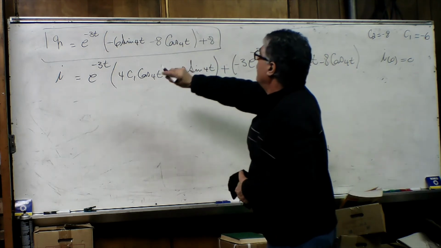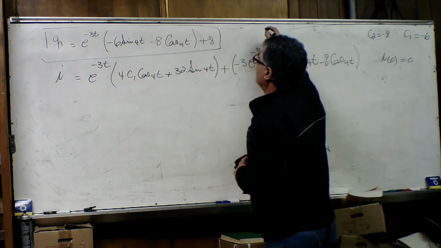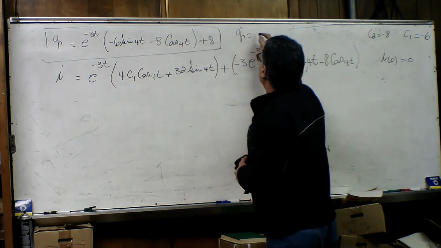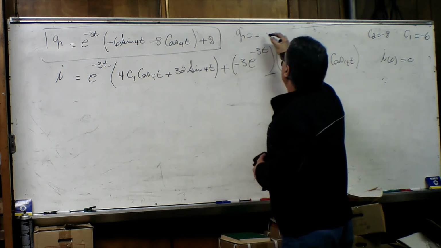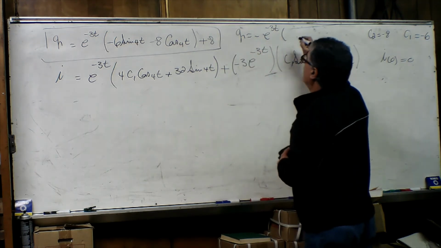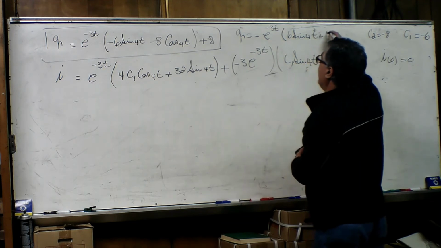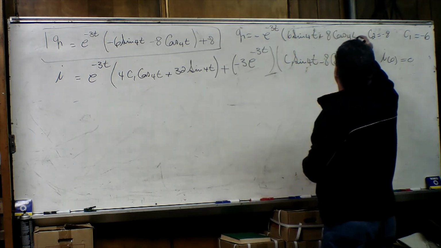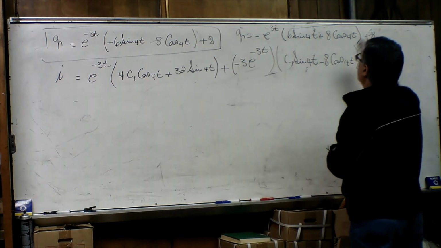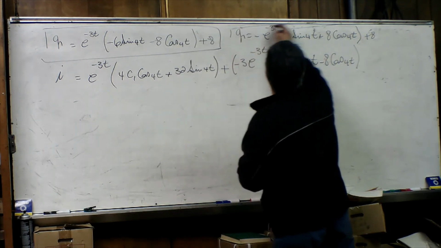We can write that as Q is equal to minus e to power minus 3t times 6 sine of 4t plus 8 cosine of 4t, plus 8. So this is our Q.